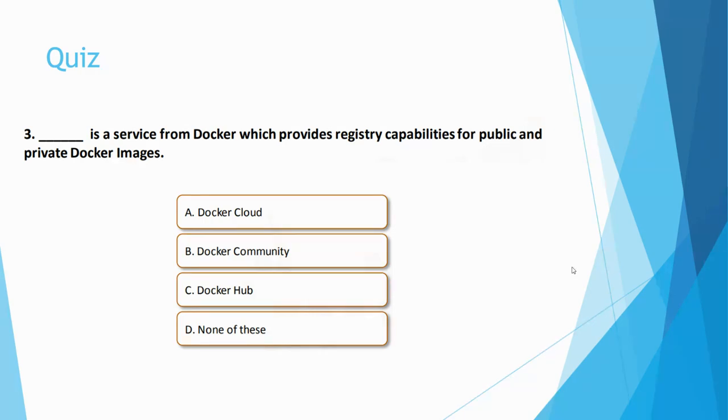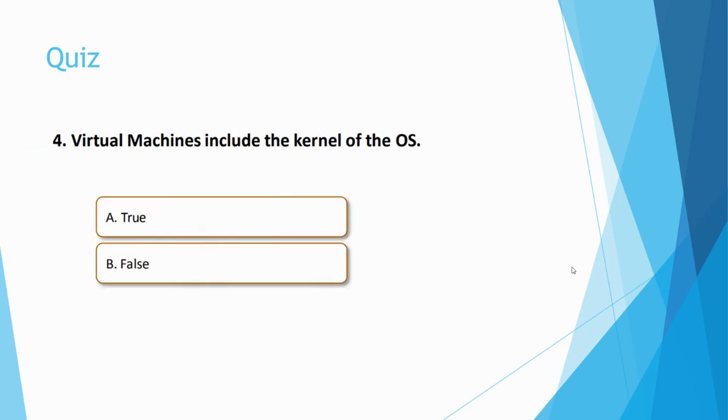Which is the correct one? Yes, Docker Hub is correct because we don't have something called Docker Cloud or Community. Docker Community is where people like you and me, DevOps engineers, discuss common issues which they are facing. So Docker Hub is the correct answer.